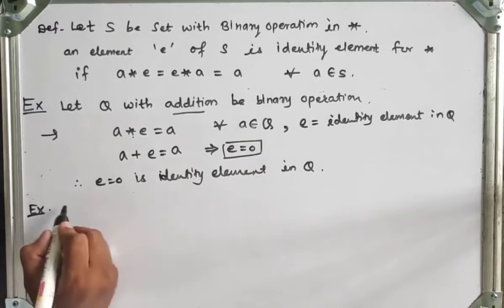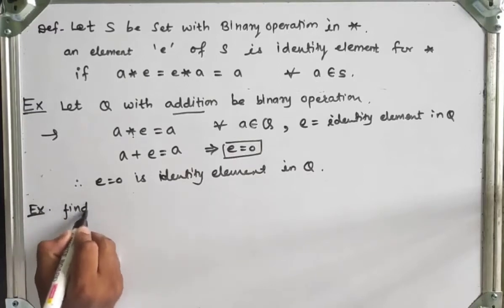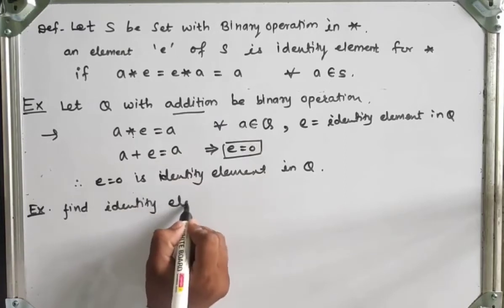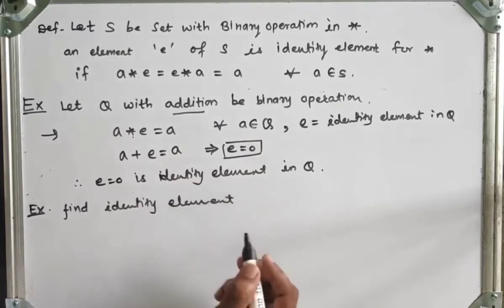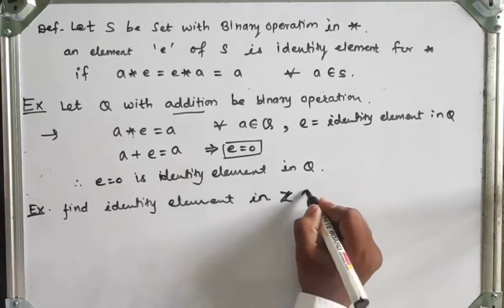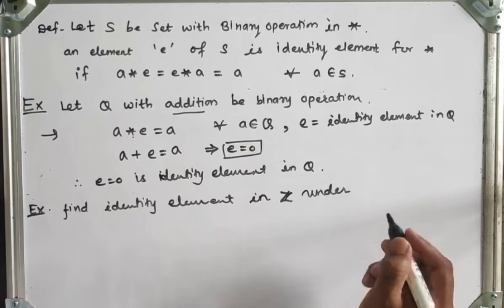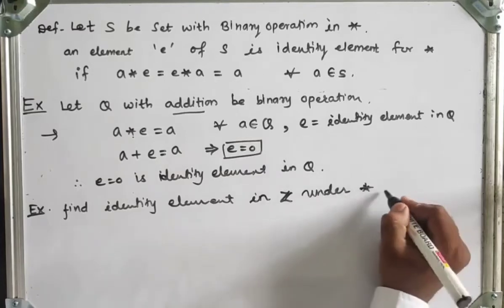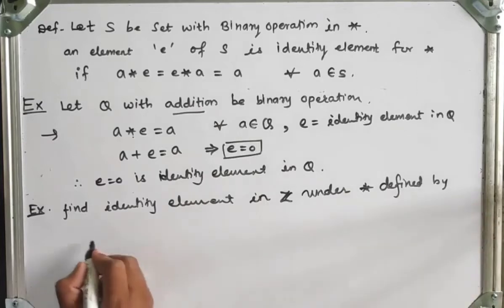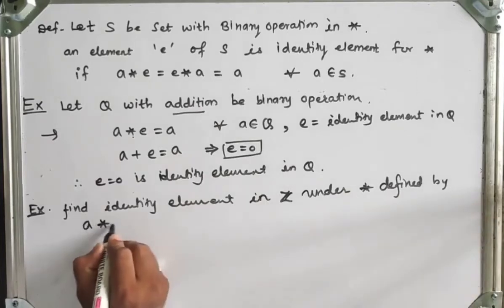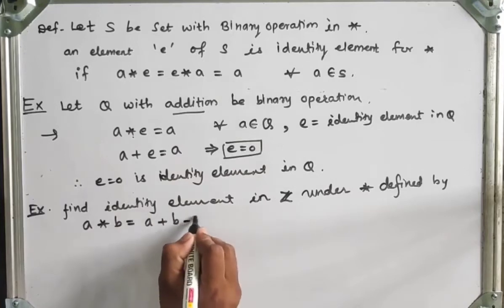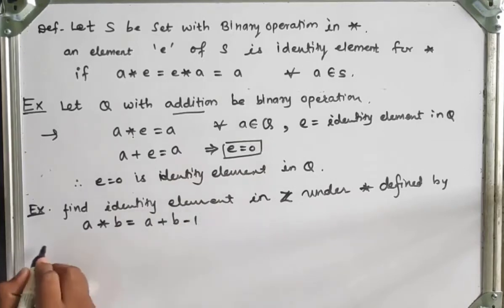Now we will take another example. Find the identity element in Z, the set of integers, under star defined by A star B is equal to A plus B minus 1.